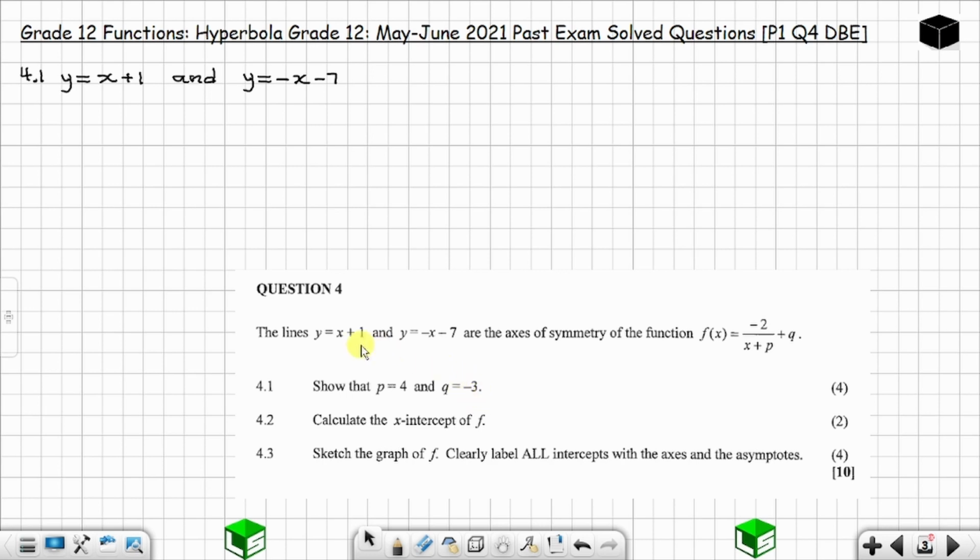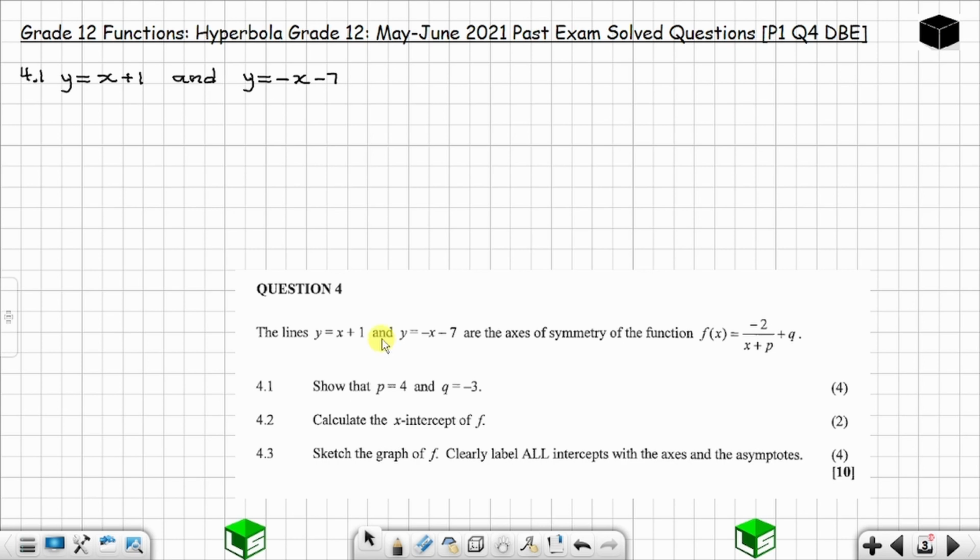If you can recall from the lesson on hyperbola, this is what you have to remember. These axes of symmetry intercept each other at one point. If they intercept each other at one point, it means that they share a common point, and if they share a common point, it means that they have the same x value and the same y value.